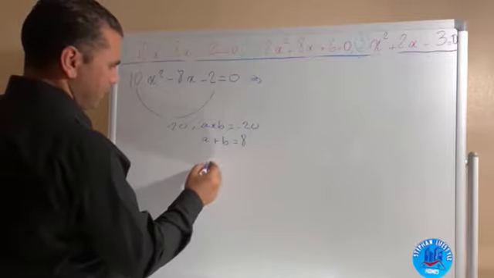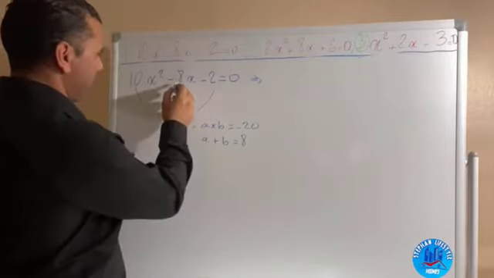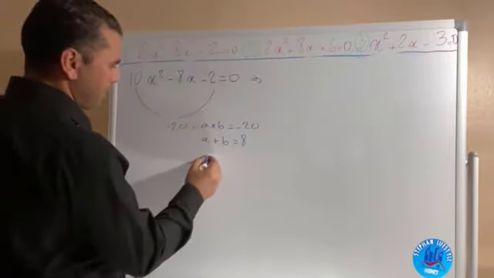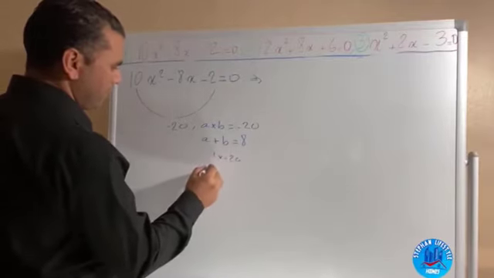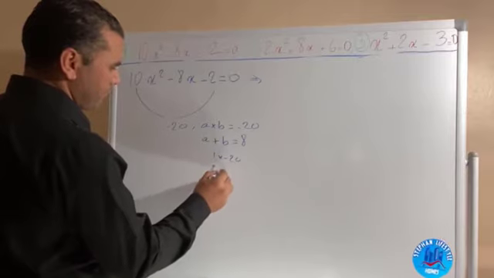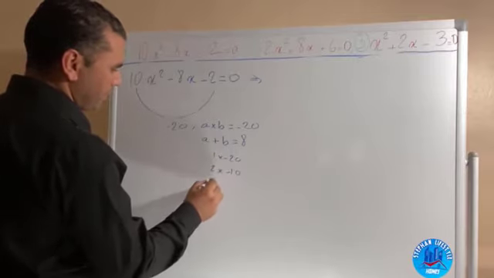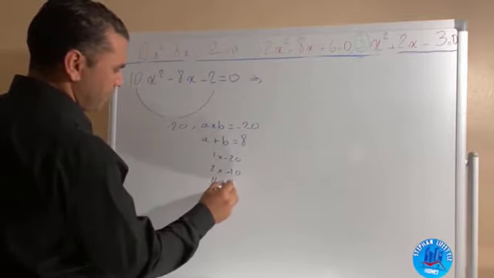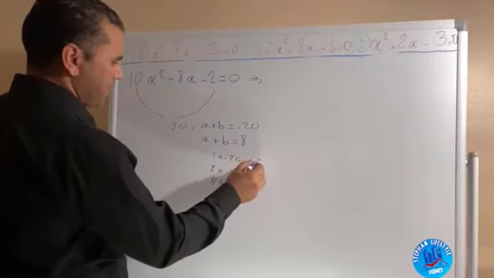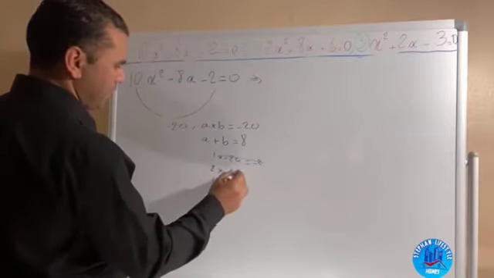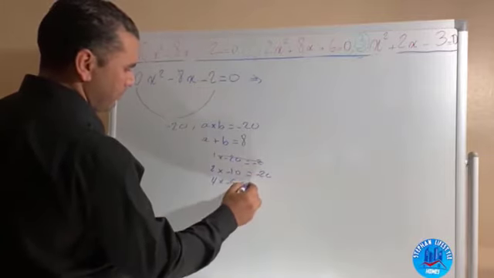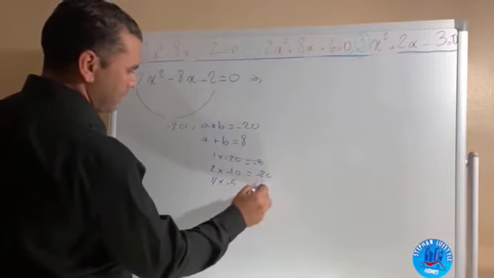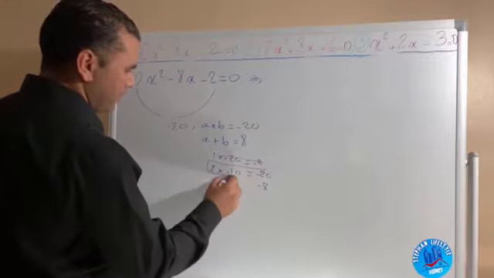Since the product is negative, the big number will be negative. We have minus 1 times 20, 2 times minus 10, and 4 times minus 5. Here we get minus 20, but we don't need it, and see, this is the one: it gives us minus 20, but if you add them to each other, it gives you minus 8. So this is the number we need.